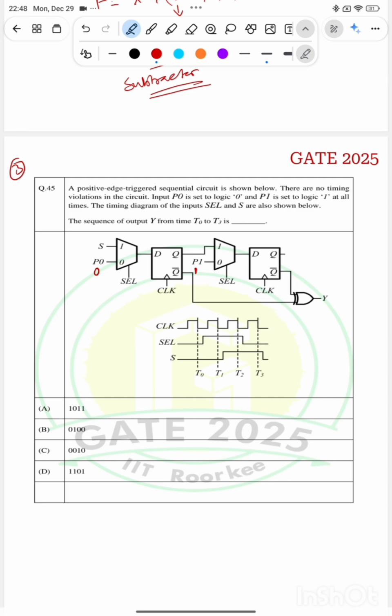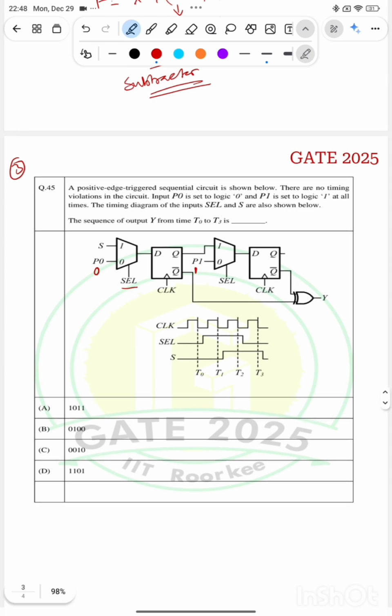Fine. The timing diagram of the inputs SEL and S are shown below. So here I have SEL and S values given and the clock is also given. The question is to find the sequence of output Y from time T0 to T3.